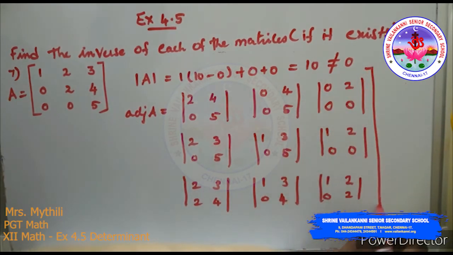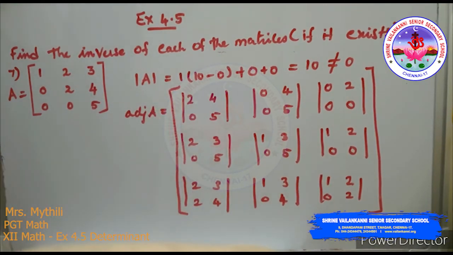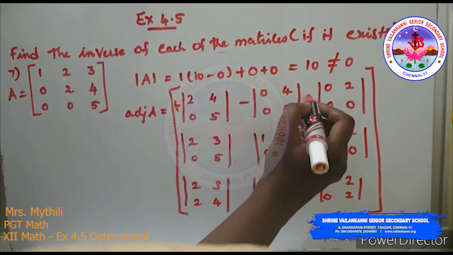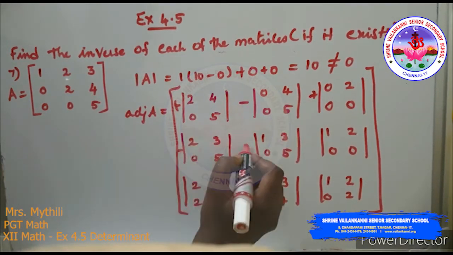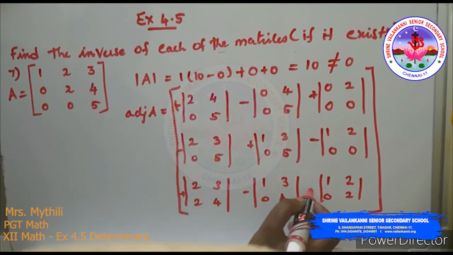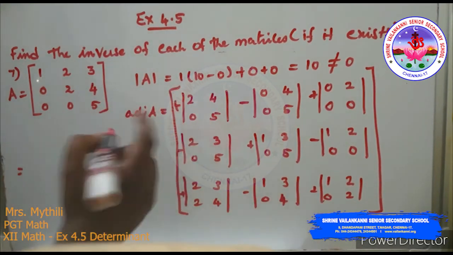These cofactors are entered in a square matrix, and we have to find the value of these, changing the sign: plus, minus, plus, minus, plus, minus, plus, minus, plus. Then we get 10 minus 0.